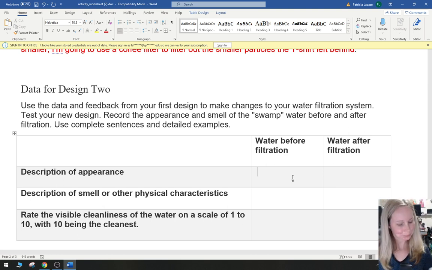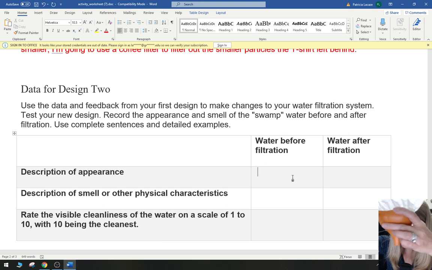Okay. So this time, instead of the Tupperware, I have 2 cups. I'm going to pour this one into this one. I'm going to use a funnel so it doesn't go everywhere. And I'm going to use a coffee filter.